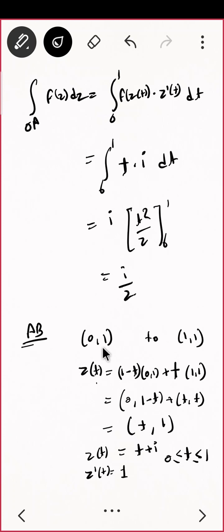I want to go from here to here. When I put t equal to 0, I need this guy, and when I put t equal to 1, I need this guy. Remember, this is the standard trick of parameterization of a straight line. So I put z of t equal to (1 minus t) times (0, 1) plus t times (1, 1). Check at t equal to 0: this is vanishing, I'm getting this guy. If I put t equal to 1, this is vanishing, I'm getting this guy. So that's perfect. We solved it, we got z of t.